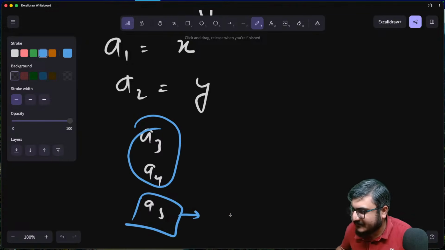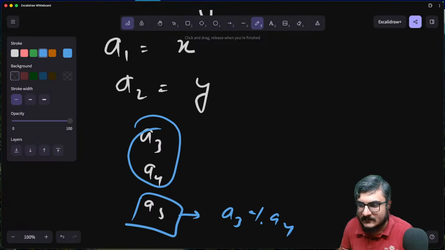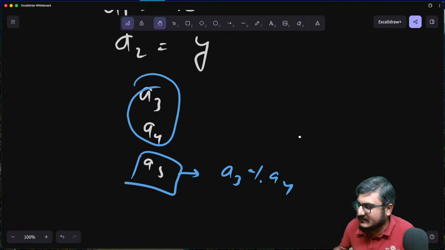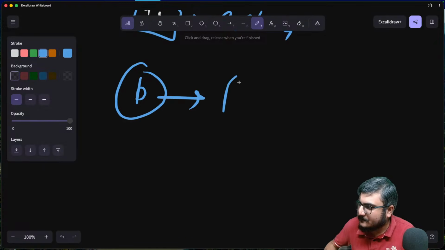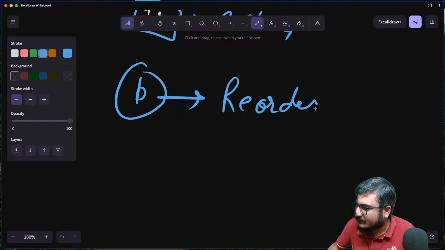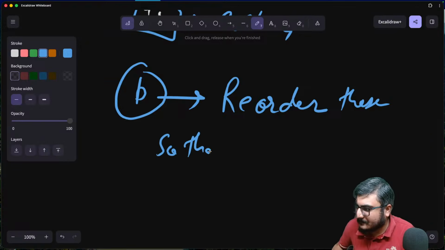So for example, a5 is a3 mod a4, and so on. And it gives us a sequence B. It says, can we reorder these elements so that the sequence becomes a Euclid sequence.